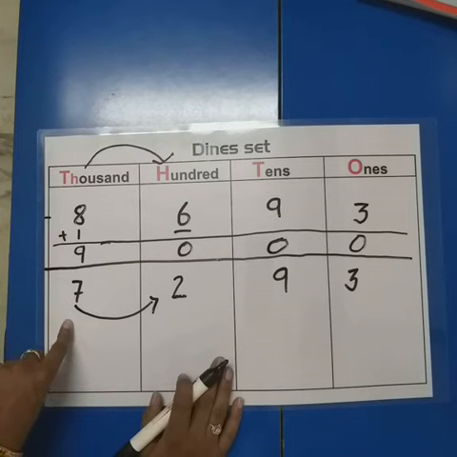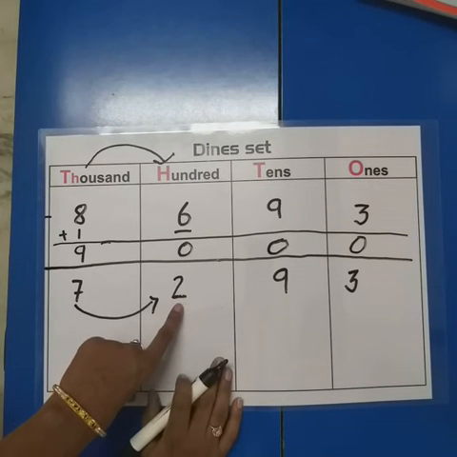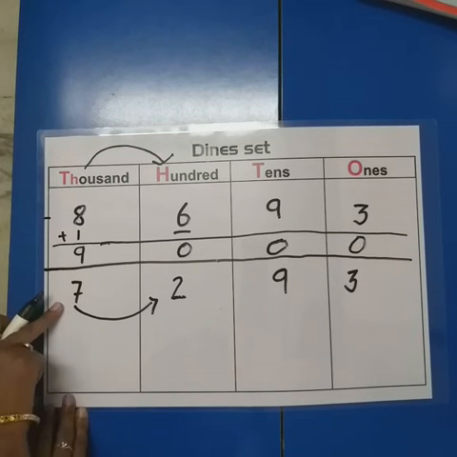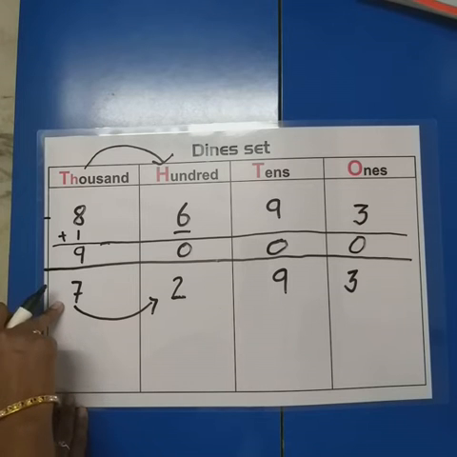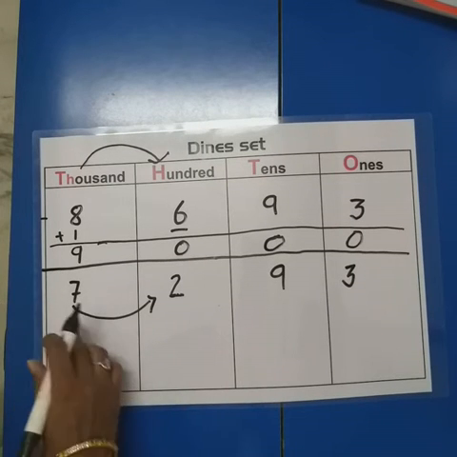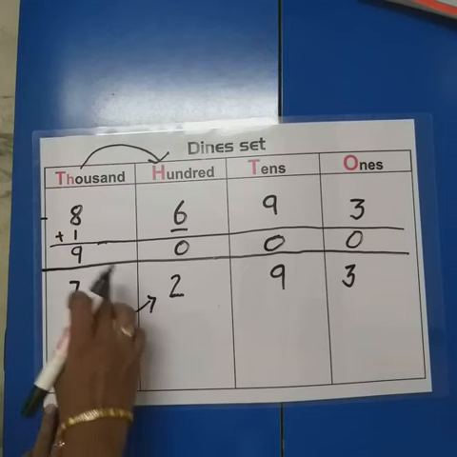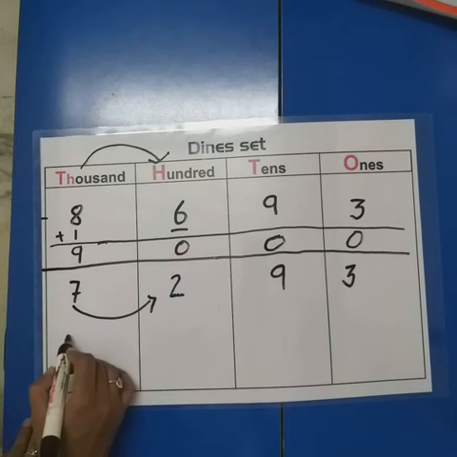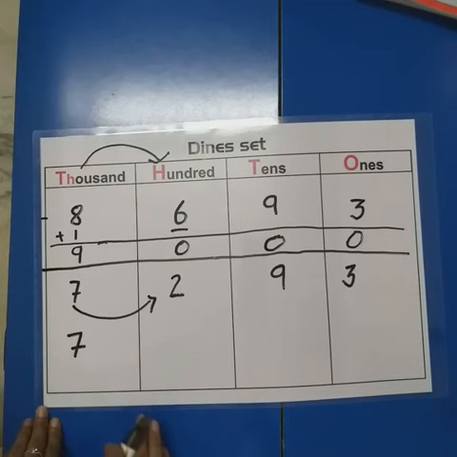But if we have less than 5 at the hundreds place, we will make no change. That means we will not add 1 to the 7. So the number will stay the same, 7.